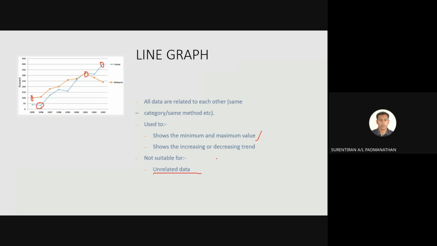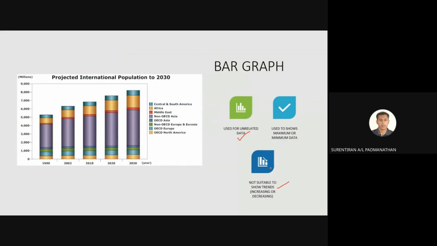Like, for example, just now we had a line graph. It shows the trend, right? You can see it is increasing or decreasing. But for this one, it's not suitable to use a bar graph. So you can have some different unrelated data here.